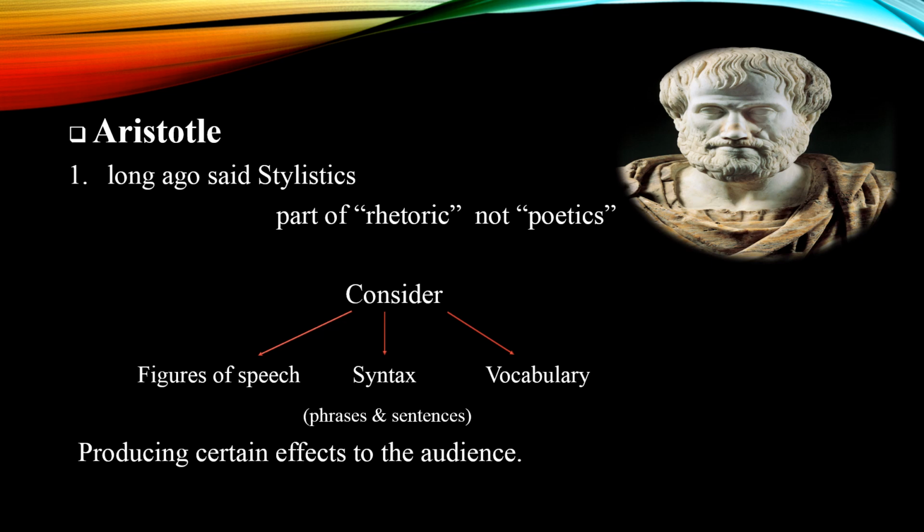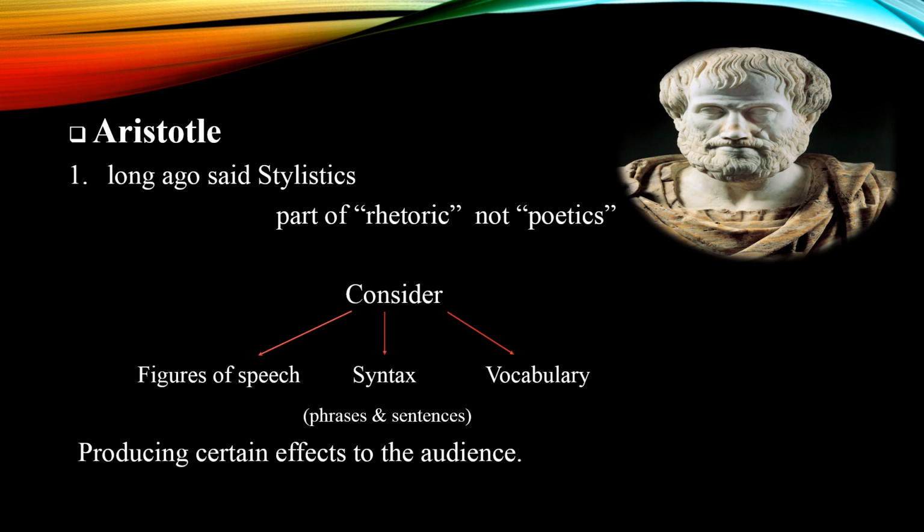The one is figures of speech, the other is syntax, and thirdly vocabulary. We could say that figures of speech are noun, verb, pronoun, adverb, adjective, preposition, conjunction, interjection. All these are considered figures of speech. The use of such figures of speech in the literary text by the author is also considered a style.